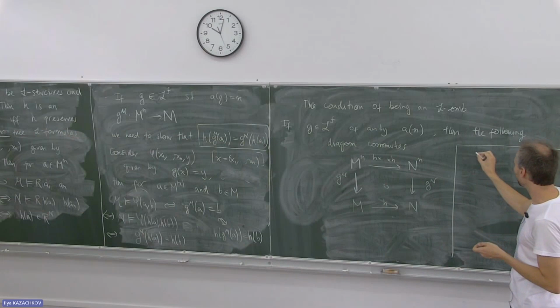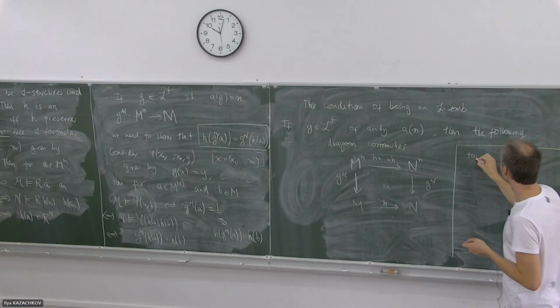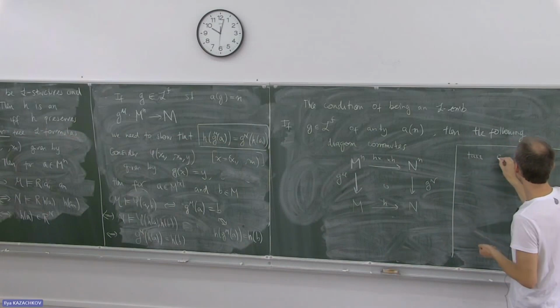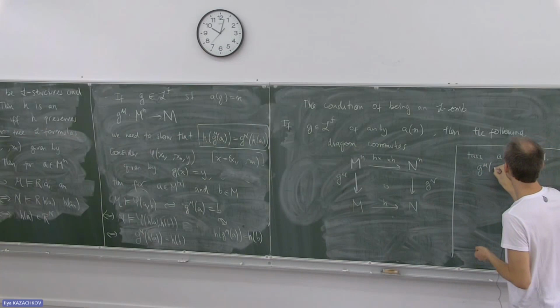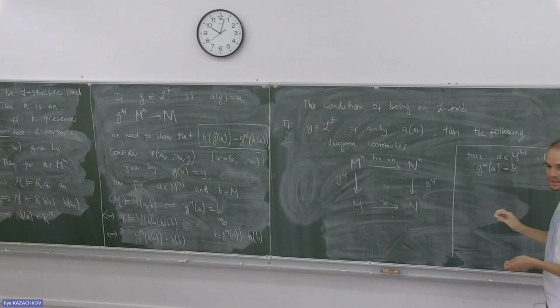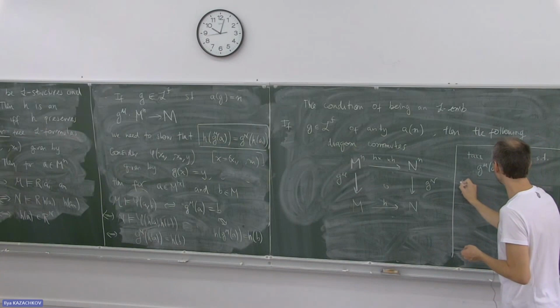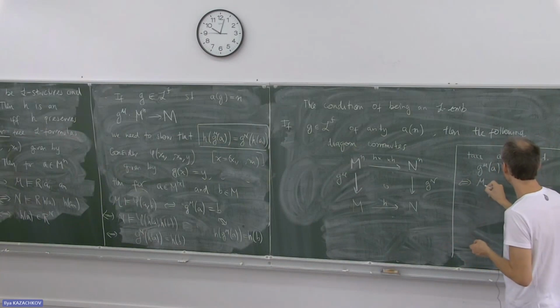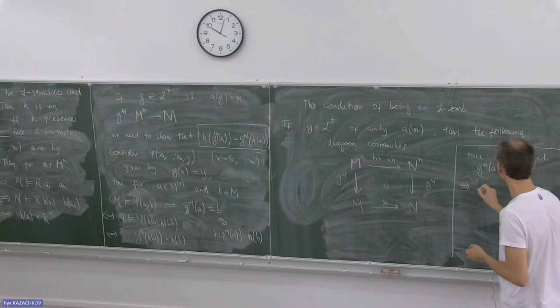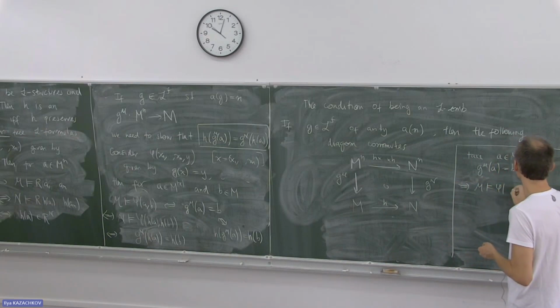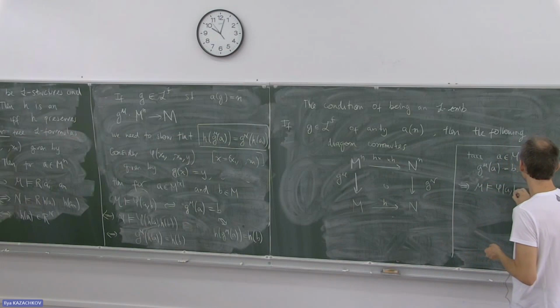You take a in M to the N, such that G of M of a equals b. This is his starting point. So this means, well, let me put it like this, this implies that M satisfies this formula phi of a, b.